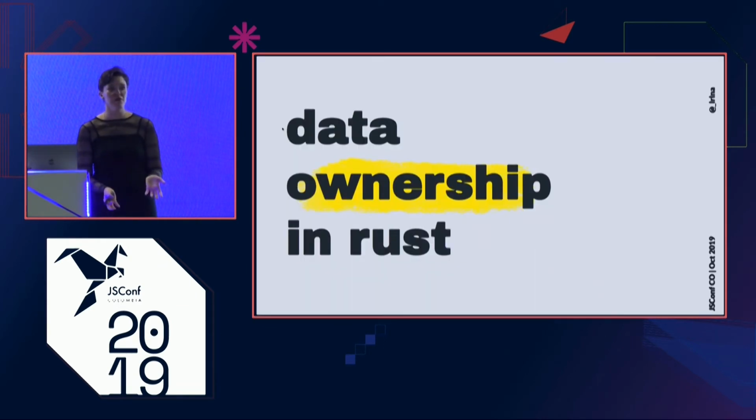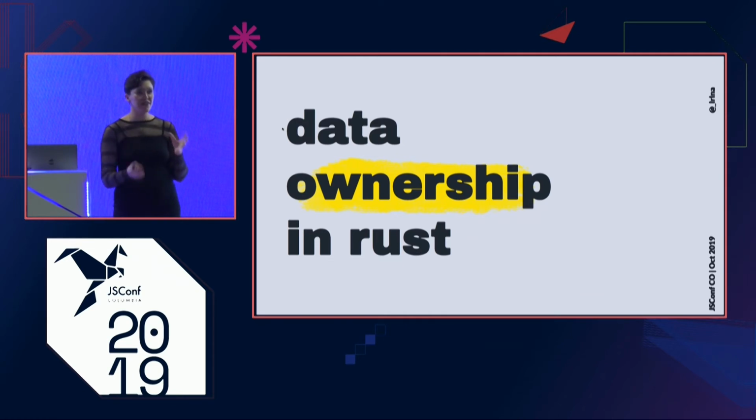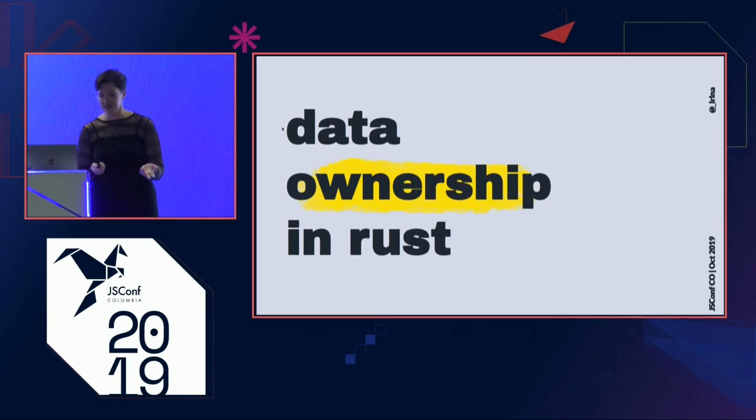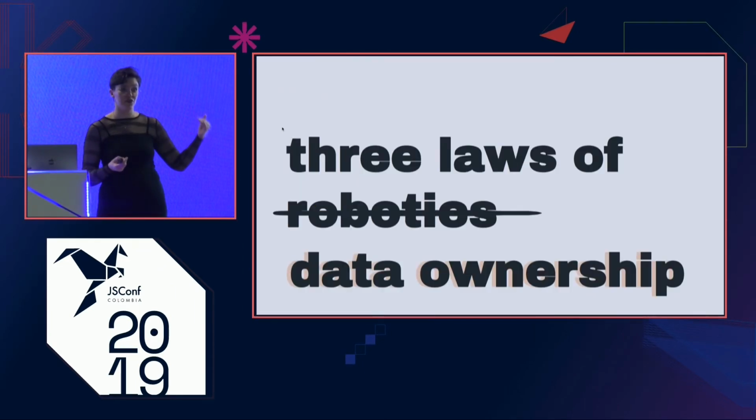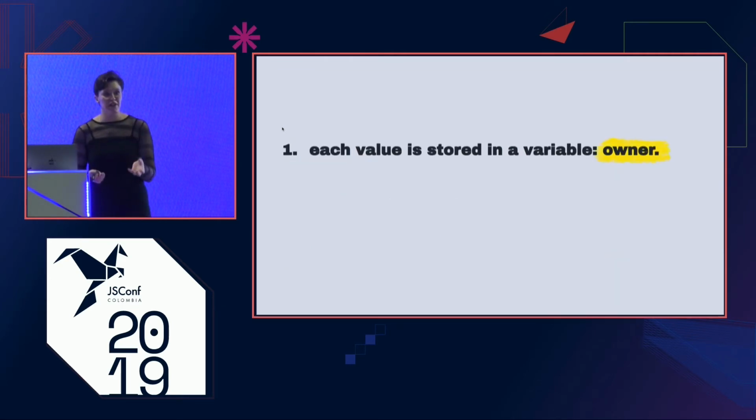So the second problem that I said JavaScript developers like myself have struggled with is data ownership in Rust. The three things that are advertised with data ownership in Rust are these.